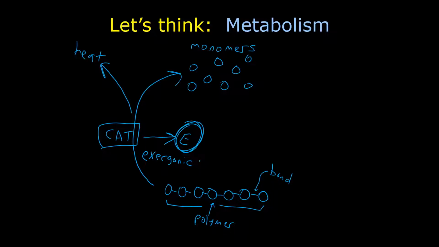Releasing energy is an exergonic reaction. It's another way of saying catabolic. We're also going to find, in order to make this happen, we need to add water to the mix. But that's not the end of the story. That's only kind of half of the circle.